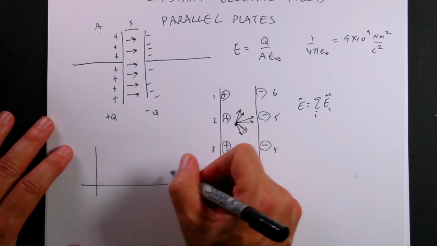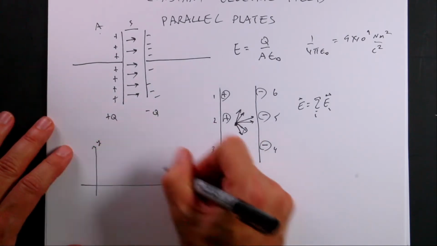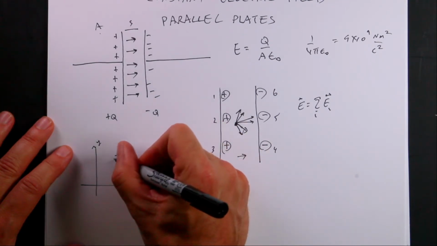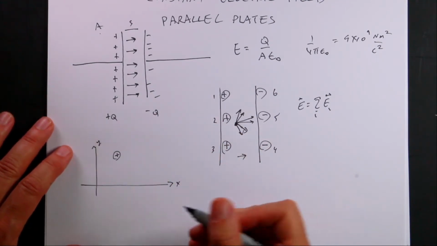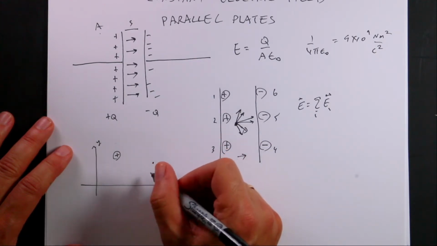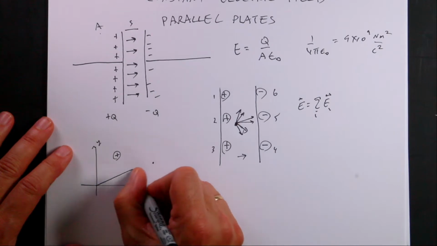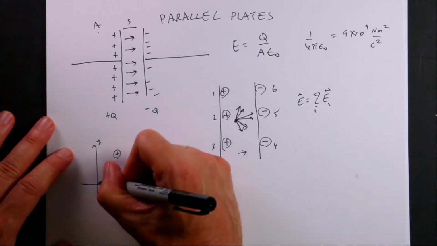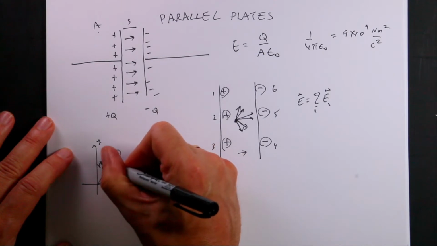So let's say that this is the XY plane, and then I have a charge right here. I can't put it at the origin because it can't all be at the origin. And here is my location where I want to find the electric field. Let's call that r_O, and let's call this r_Q. It's the location of the charge.